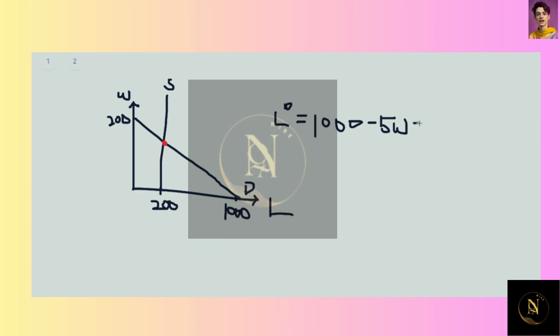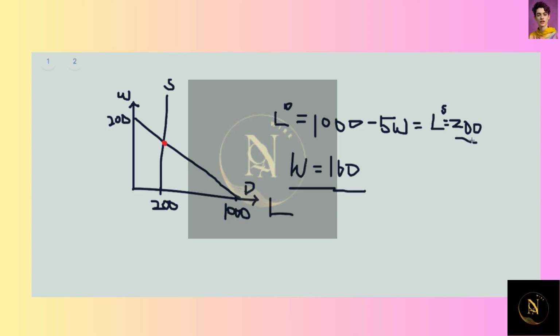It has to equal labor supply, which is 200 in this case. So with this equation, we can solve for the equilibrium wage. So this term is 800. So W is 160. Okay, so this is the equilibrium wage, and this is the equilibrium labor supply and demand. So how many workers does each orchard hire?